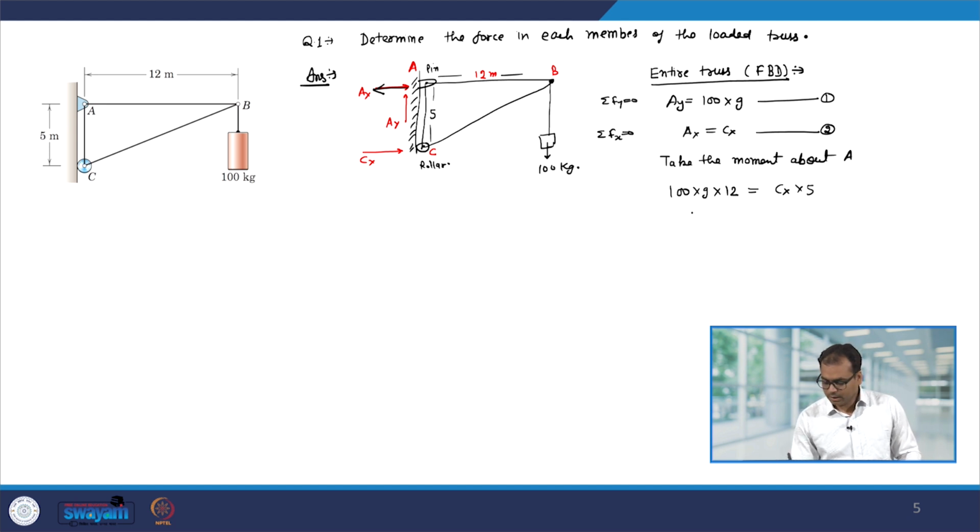This immediately gives me that Cx is 240 g, and therefore, I also know what is Ax. So, these reaction forces and other values are calculated by considering the free body diagram of the entire truss. Now, let us do it joint by joint. Let us consider joint A.